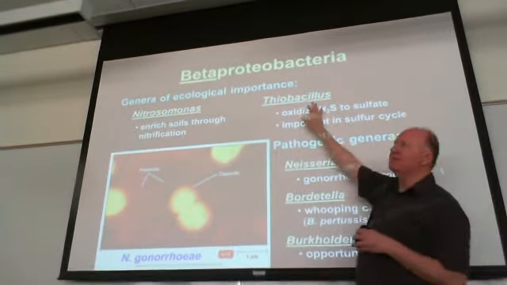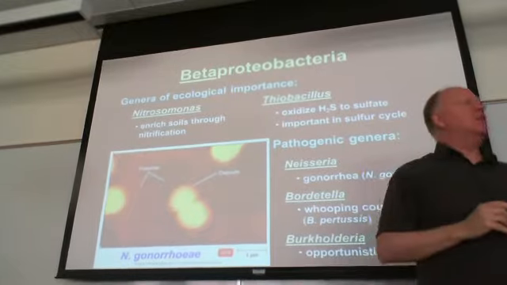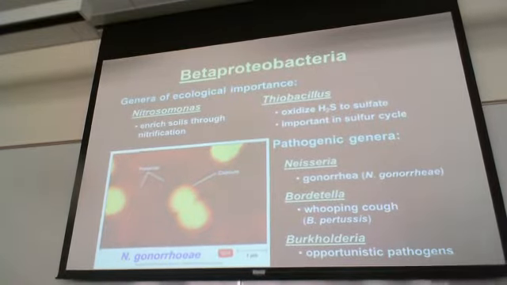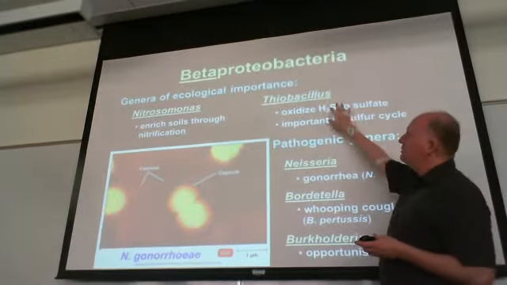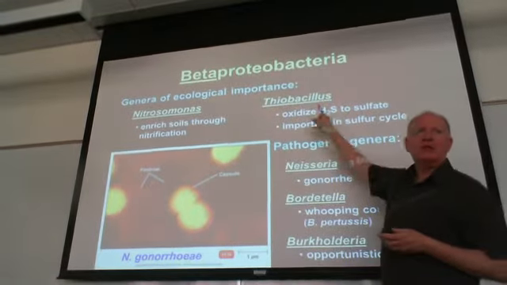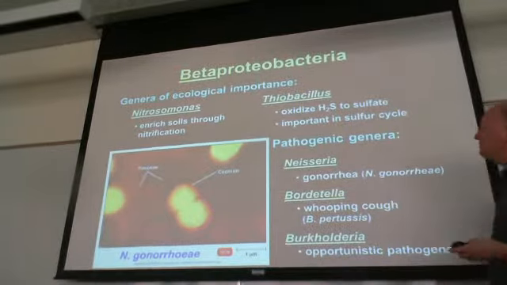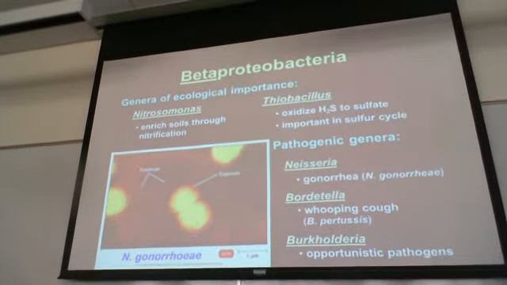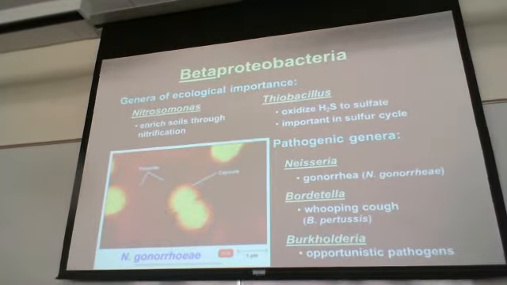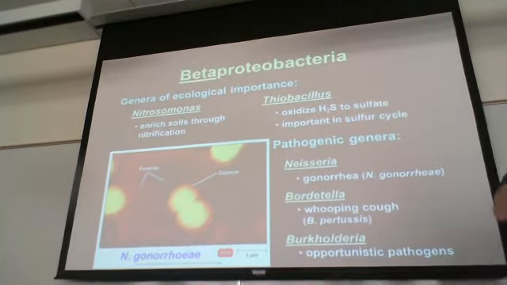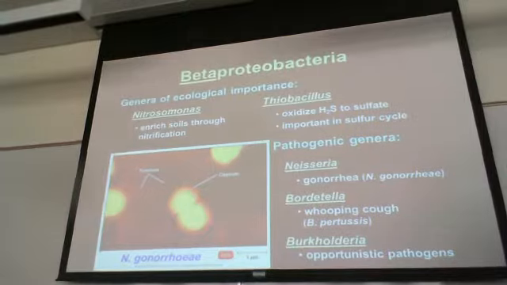I'm choosing that one because the name itself will give you a hint as to why it's relevant. So it's involved in the sulfur cycle. What does thio mean? Thiobacillus is the name of a genus, but it's going to be a rod that has some relevance to sulfur. Thio means sulfur.